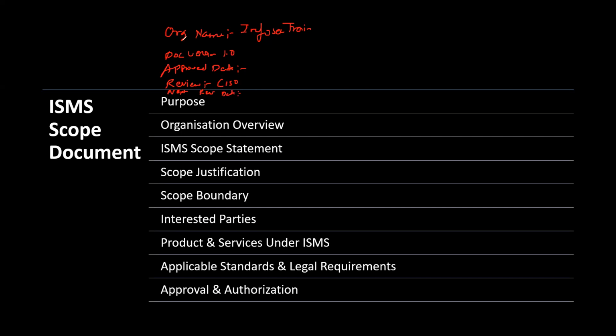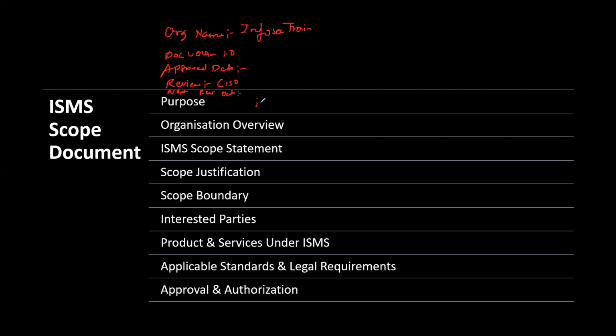On the first page, your organization name, document unique number, who has approved this document, because as an author, you cannot review or approve your own document. So there will be the management involved in that project who is going to approve it, on which date it has been approved, and who has approved that particular document. Okay, and then we will come to the next page.